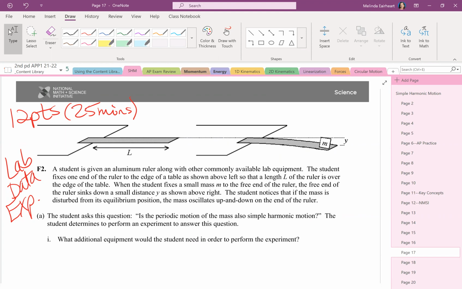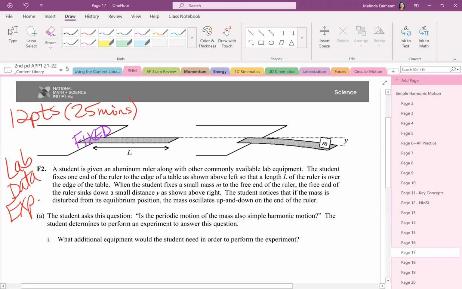So in our picture, maybe I can label it here. Our fixed end is there on the table. So that there's a certain length of the ruler, not the whole length, but a portion of the length of the ruler is over the edge of the table. So they're defining L not as the length of the ruler, it's the length hanging off.